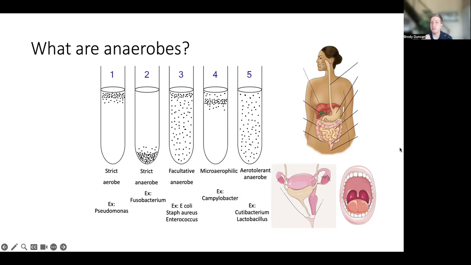The same thing happens in the mouth, where even though the actual oral cavity is obviously full of air, as you get closer to the bottom, for example, deep down where the teeth meet the gums, you can have the oxygen getting used up by the bacteria that are higher up, and then these lower down bacteria can be a lot more anaerobic. I know this is all very complicated, but I think it's just a useful little summary for you to understand the diversity of anaerobes that there are.